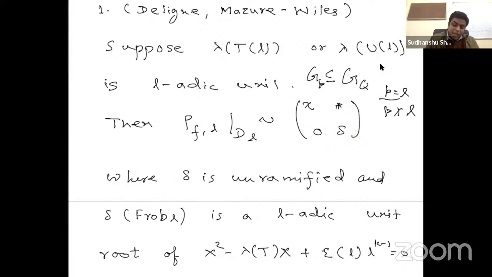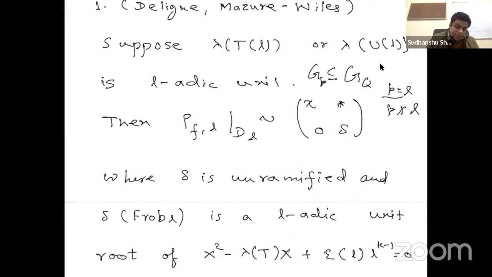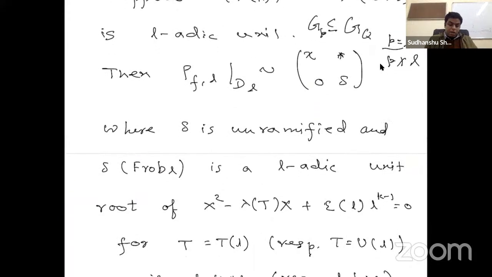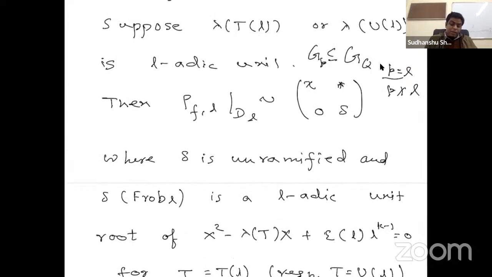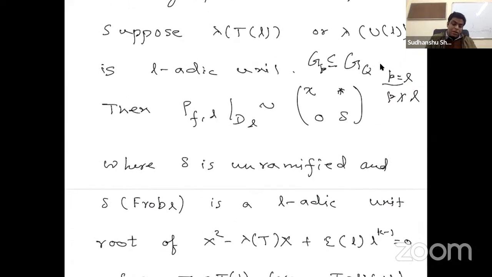Once the representation is unramified at a prime, it is trivial on I_P, so it is a representation of G_P mod I_P, which is generated by Frobenius. So I can evaluate it on Frobenius and ask what its value is. The value of delta at Frobenius at L is given in terms of T_L.